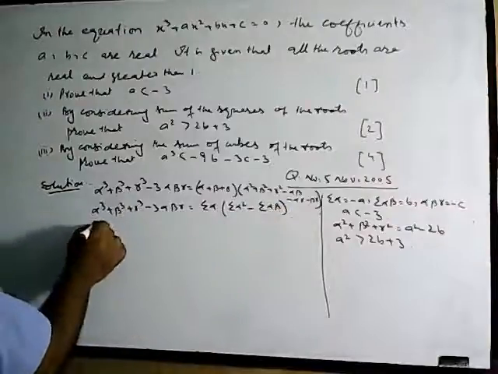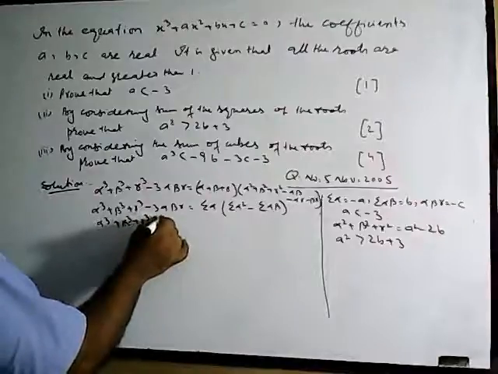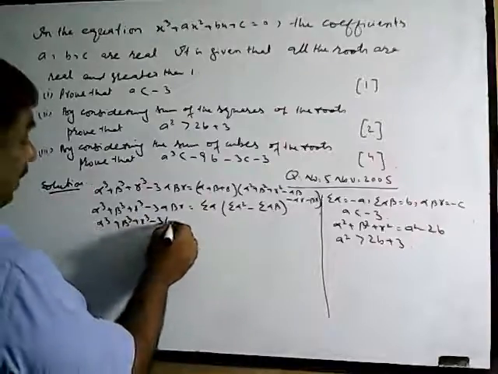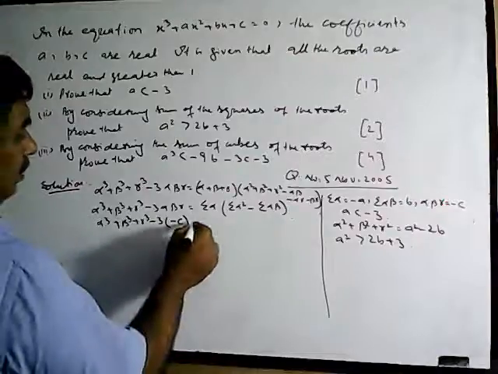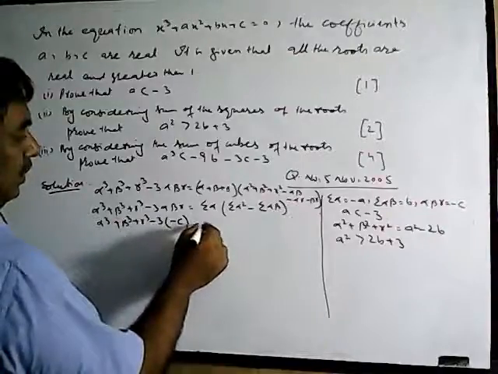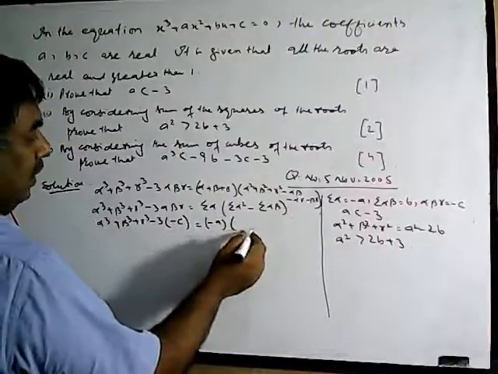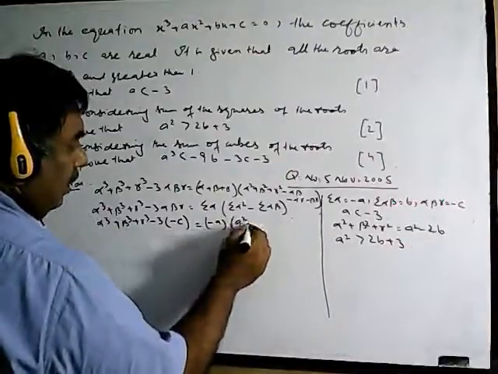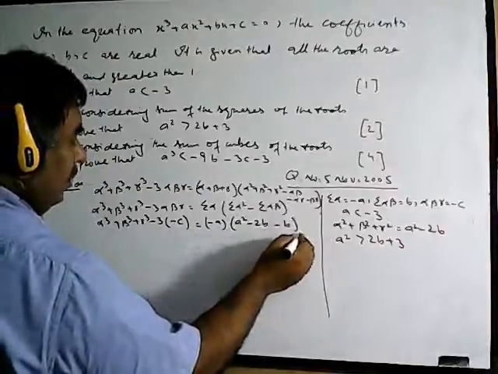So alpha cube plus beta cube plus gamma cube minus 3 alpha beta gamma, where alpha beta gamma is minus c, and sigma alpha is minus a. Sigma alpha square is a square minus 2b, and sigma alpha beta is b.